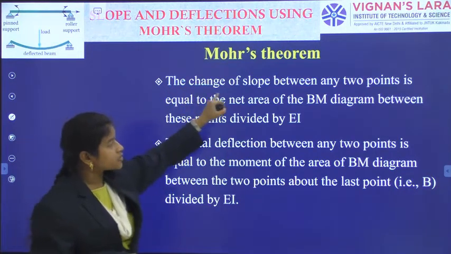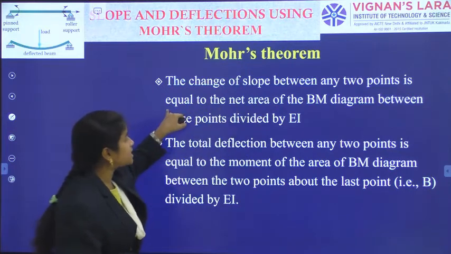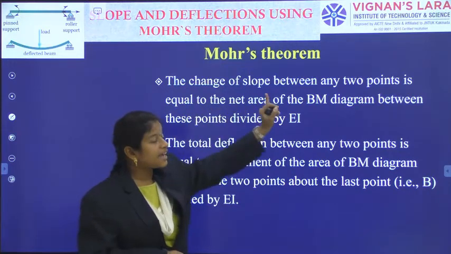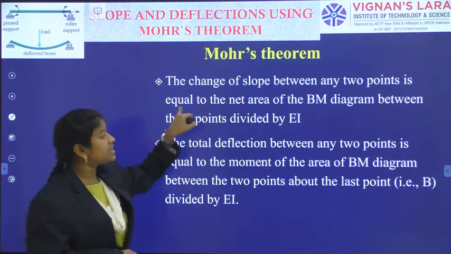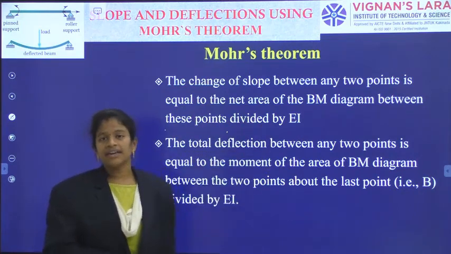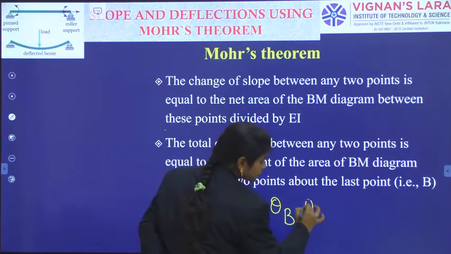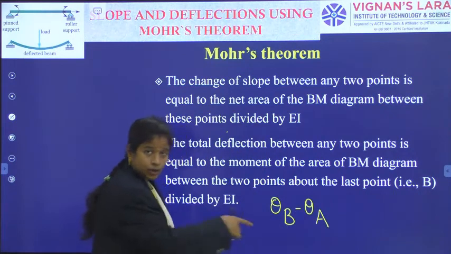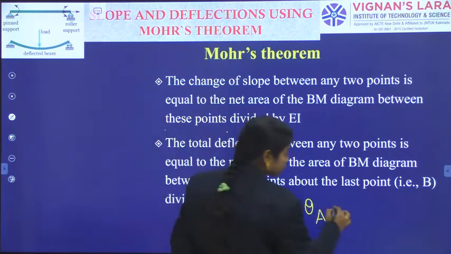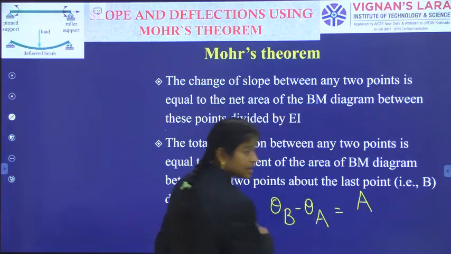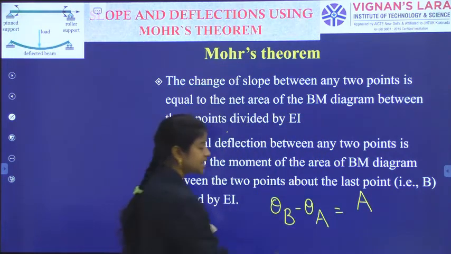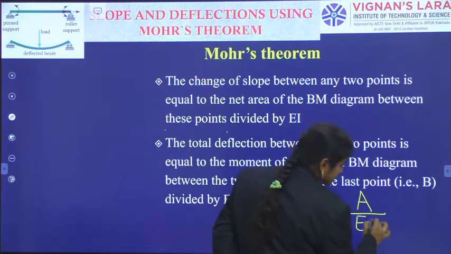The change of slope between any 2 points is equal to the net area of the bending moment diagram between these 2 points divided by EI. Yes, the same words: the change of slope between any 2 points is equal to the area of the bending moment diagram between these 2 points divided by flexural rigidity.